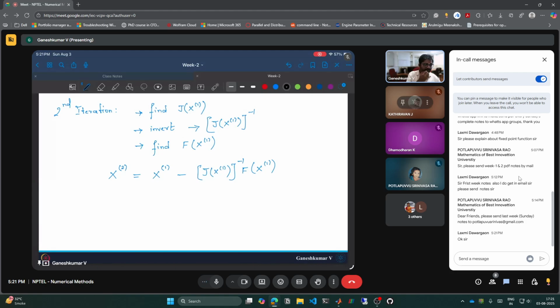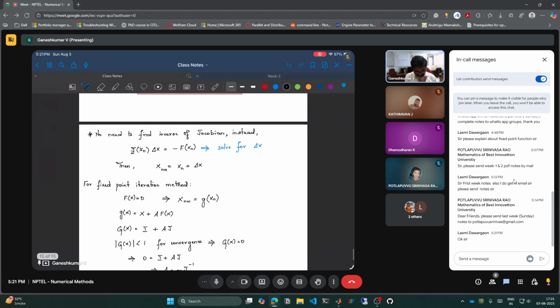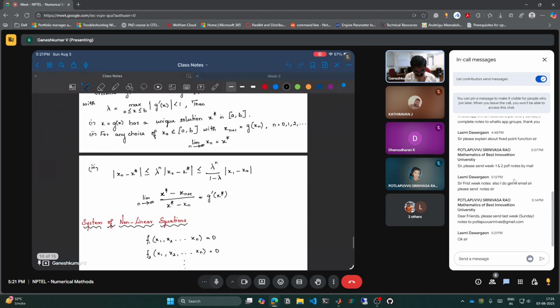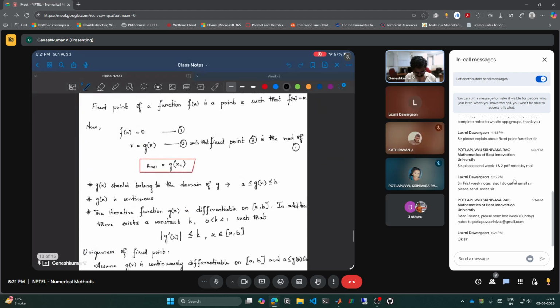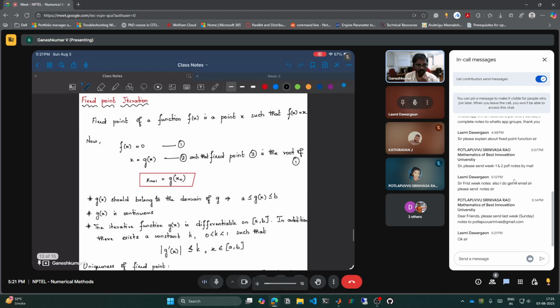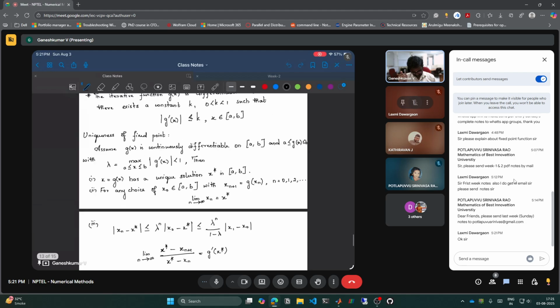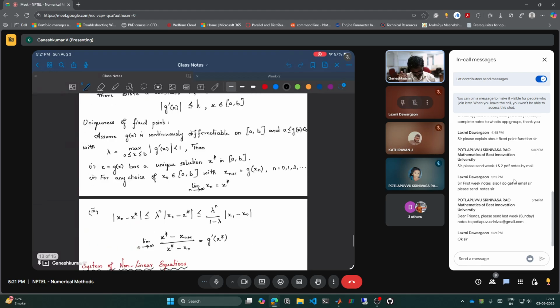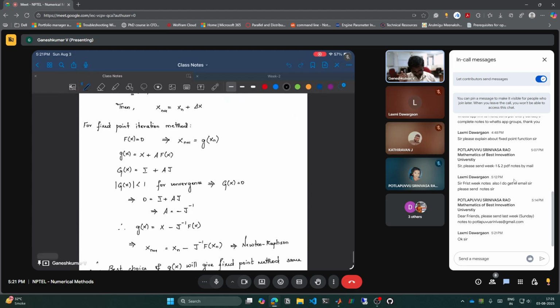So Lakshmi wants me to explain about the fixed point method. Sir, yes, please go ahead. So in fixed point iteration, I do not have any.